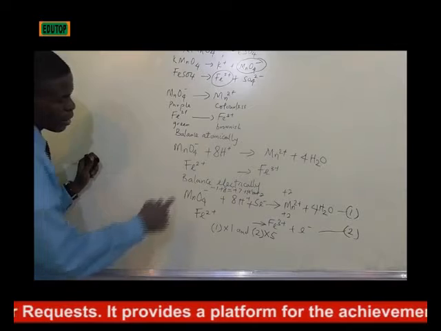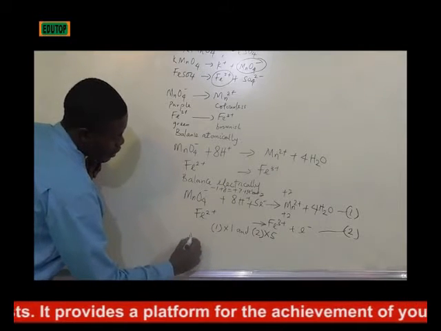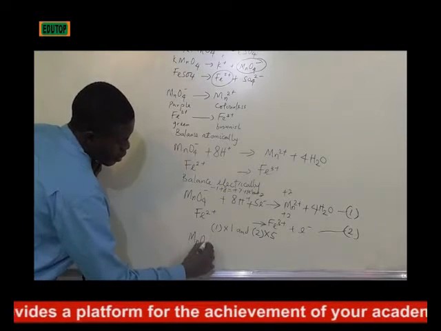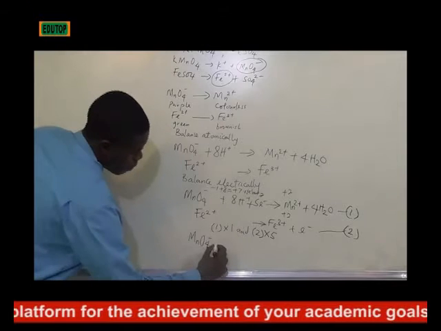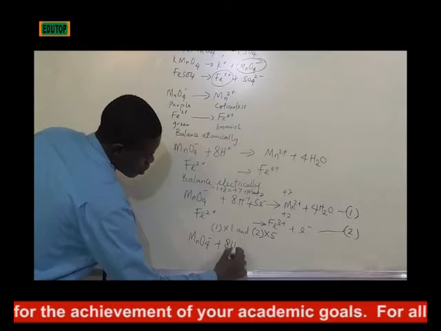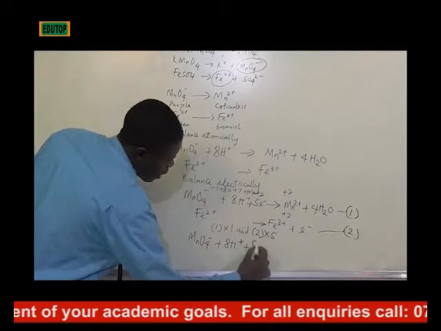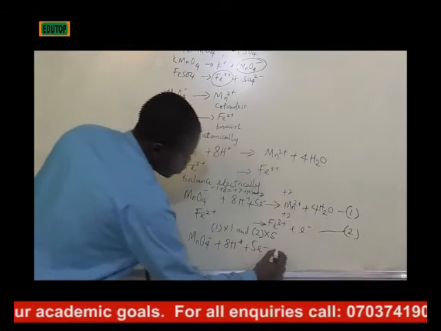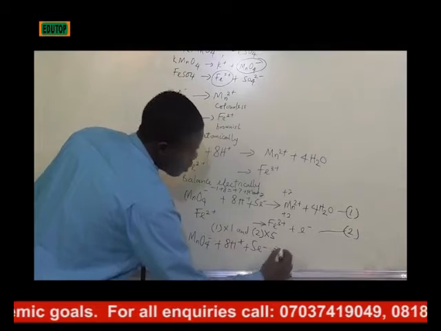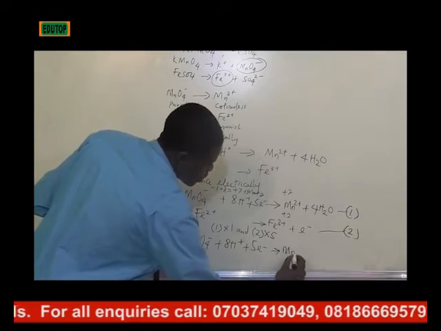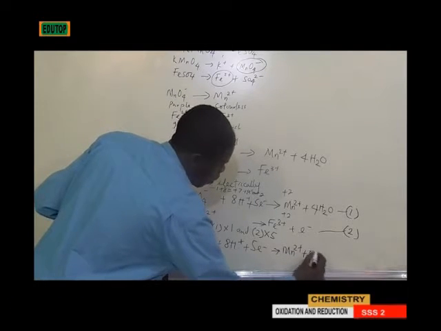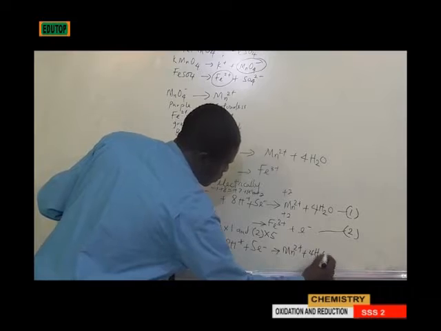When we do that, 1 times this, you have this, plus 5 electron to give Mn2+ plus 4 waters.